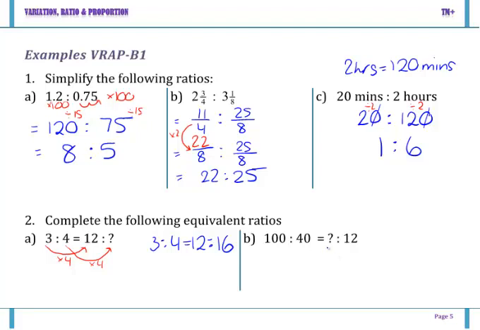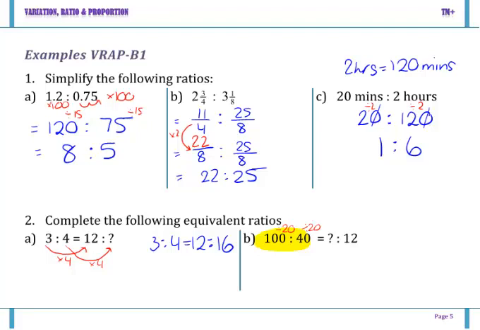Next, now I have the second numbers, but I don't have the first, and 40 over 12 I can't really reduce. So the best plan of attack here is to simplify the 100 is to 40 to its simplest form, and we can do that by dividing both sides by 20.